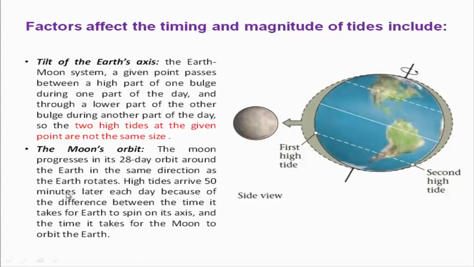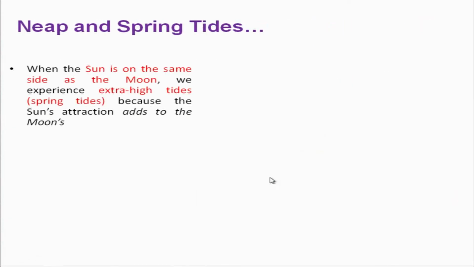High tides arrive 50 minutes later each day because of the difference between the time it takes for Earth to spin on its axis and the time it takes for the Moon to orbit the Earth. Now, because of this combination and because of the location of the Sun and the Moon, what we see is the extreme tides, and these are termed as spring tides and neap tides.